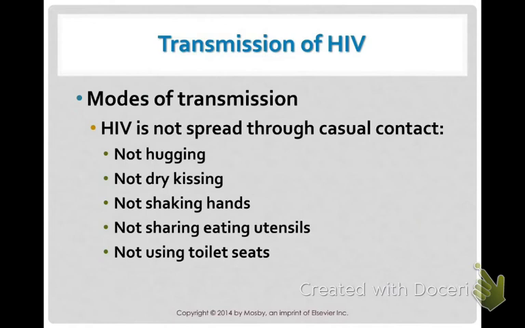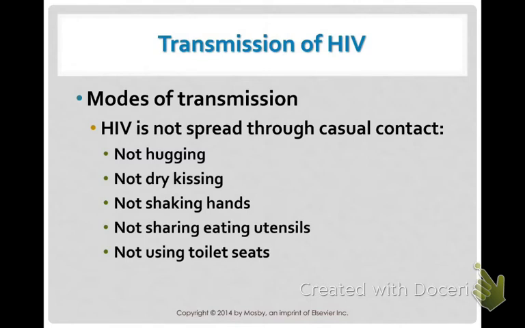Also, HIV is not spread through casual contact. You can't get it from hugging or dry kissing, not shaking hands, not sharing eating utensils, not using toilet seats. It's not spread by tears, saliva, urine, emesis, sputum, feces, sweat, respiratory droplets, or enteric routes. So you may hear of these weird cases where they think they got it that way, but it's not typical.